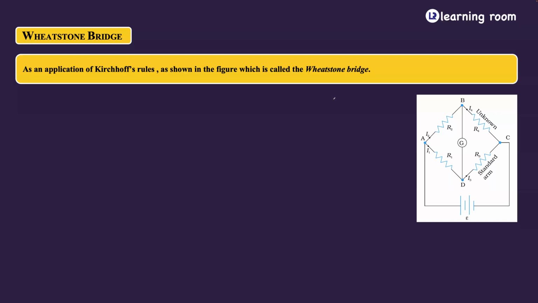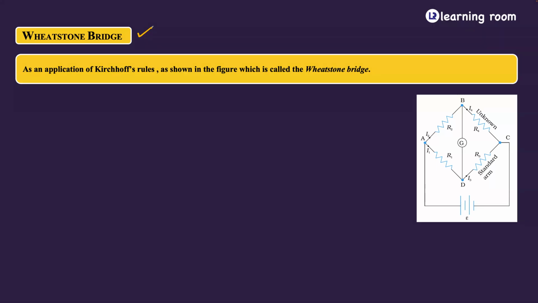So the last topic that we are supposed to see in the chapter is Wheatstone Bridge. We had been seeing different laws in this chapter. We saw Ohm's law, then Kirchhoff's law. In Kirchhoff's law there are two laws: Kirchhoff's current law and Kirchhoff's voltage law.